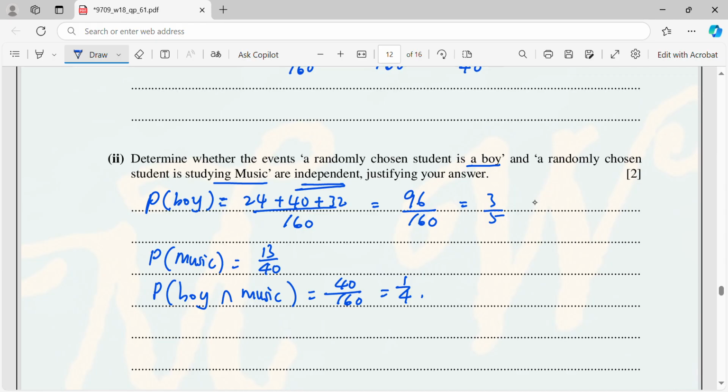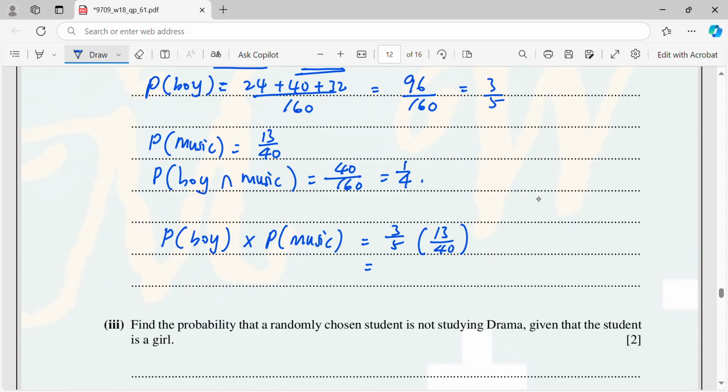Now I want to check whether they are independent or not. If they are independent, the product of the individual probabilities will be the same as the probability of the intersection. So the probability of boy times the probability of music is 3 over 5 times 13 over 40, which is 39 over 200, which is not equal to the intersection probability.